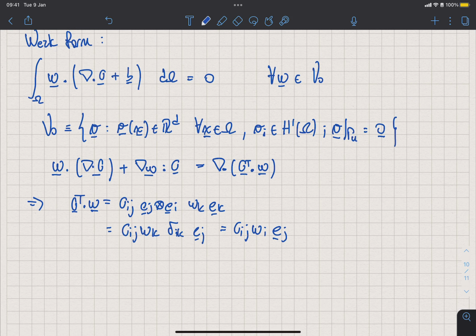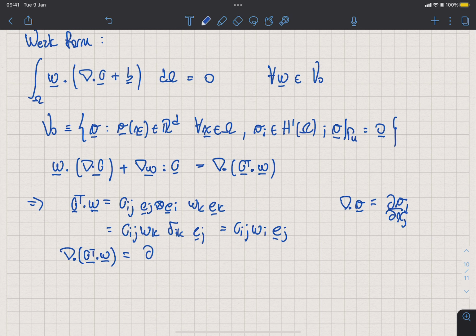But now we want to do the divergence of that operation. So the divergence of sigma transpose operating on W, and by definition, let's write down what is the definition. Again, we have done this last class. By the definition of the divergence of a vector, the divergence of a vector is a scalar. So I take the jth component and I apply the derivative with respect to xj, right? So in this case, the jth component of that is just this quantity that you see here, right?